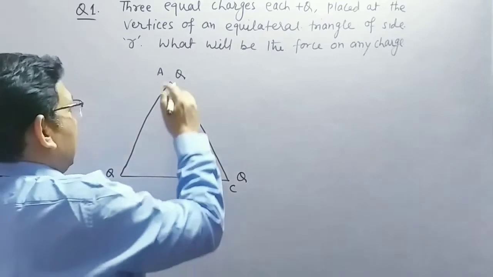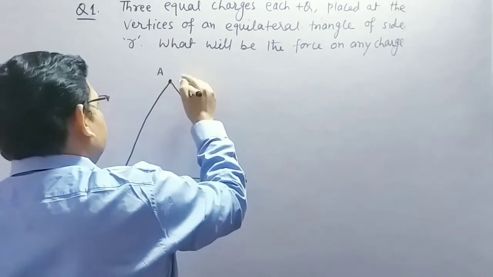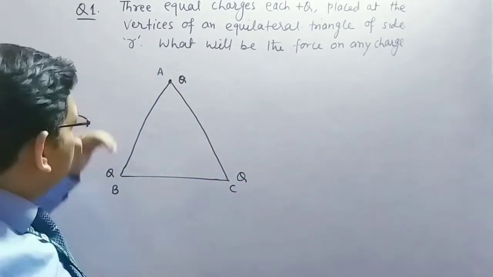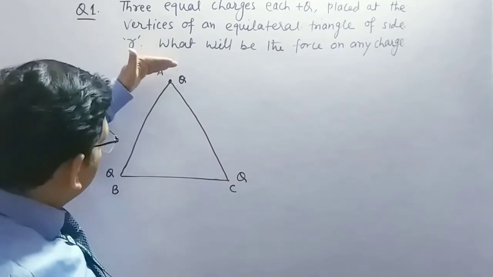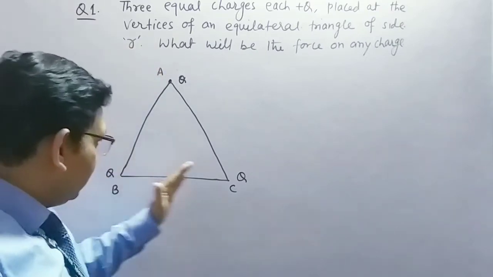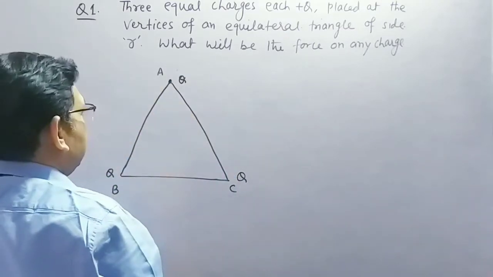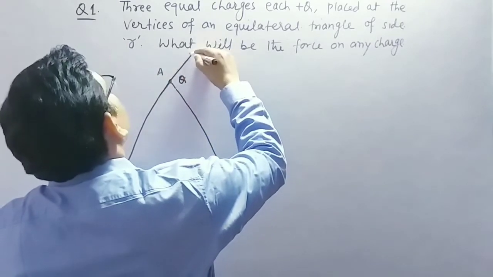So let's find the force on the charge Q at A. First of all, while calculating the force between charge Q at A and charge Q at B, ignore the other charge. These two charges are similar charges, so the direction of the force will be this side.